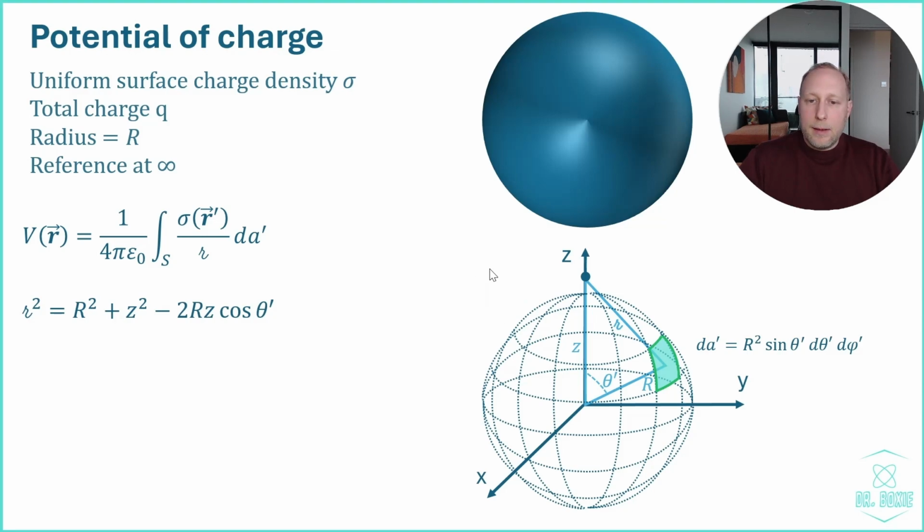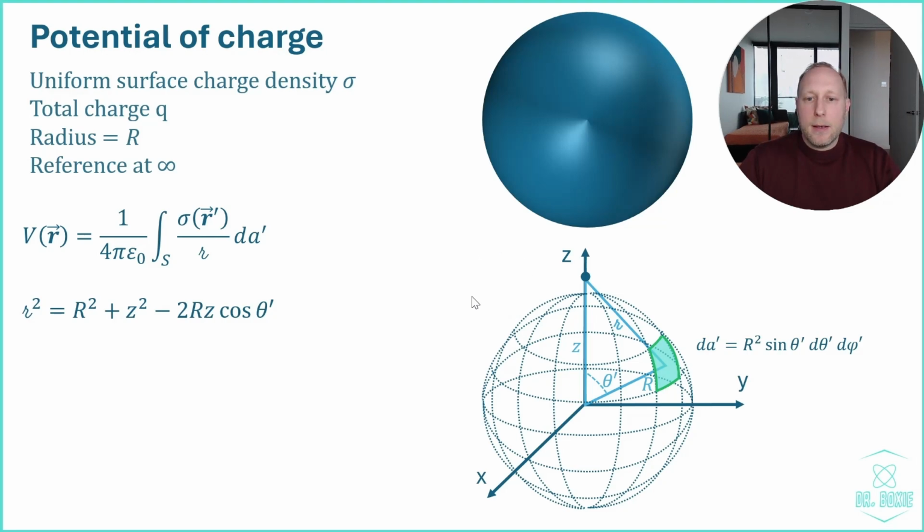Notice that one of the sides of this triangle, the one going from the origin to that piece of the surface, is the radius of the spherical shell, capital R. The vertical one is z, the distance from the origin to the field point, and curly r is the line going from that part of the surface to the field point.